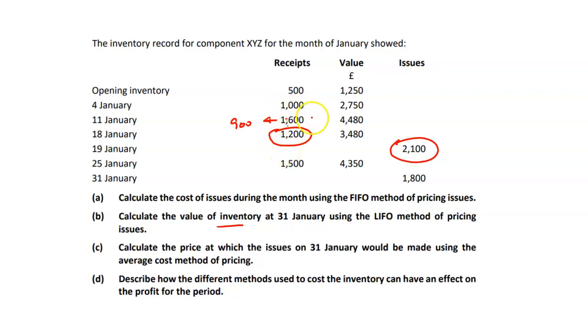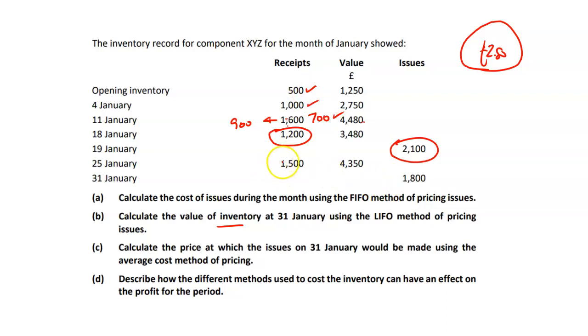Now, we thankfully had already recorded, I think we said that the cost of these were £2.80. So I'll just keep that. That's good to know. So if you took 900 from here, it means you have 700 left, right? So you have 500, 1,000, and 700 left.